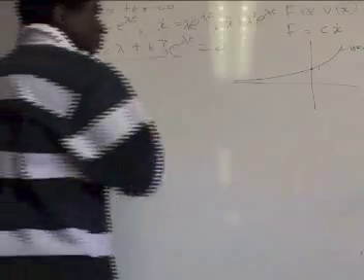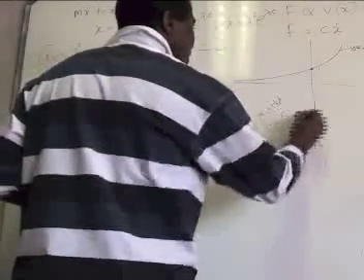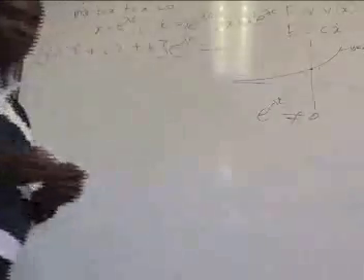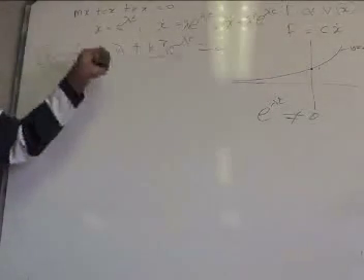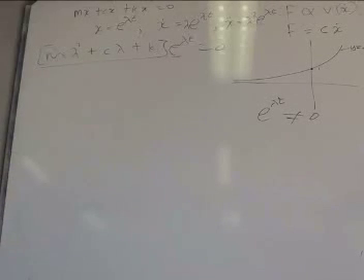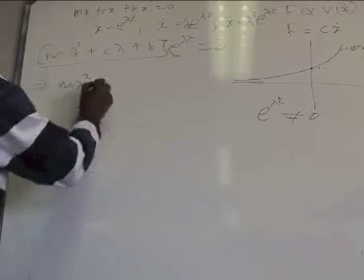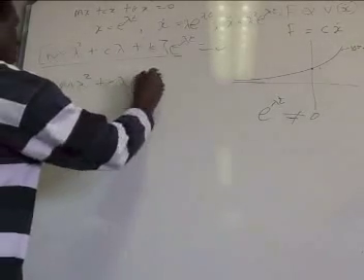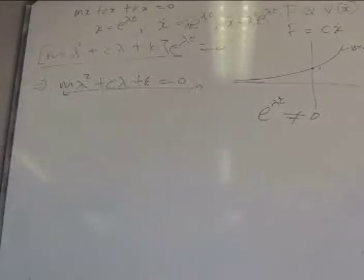Which means e to the power lambda t will never be equal to 0. But if we get a result as 0, then this definitely is always 0. So from there we can therefore say m lambda squared plus c lambda plus k is equal to 0.